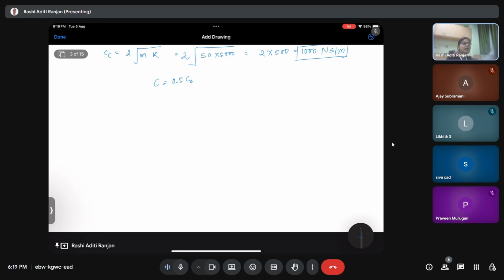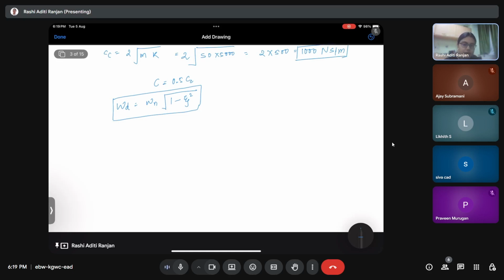So if we relate that with the damped system, we get that the damped natural frequency omega d is nothing but omega n into under root of 1 minus eta square. This was already done in the lecture also, so I'm not getting into how we actually derive it. So this is the equation that we got.